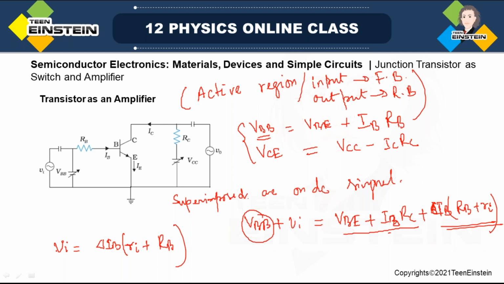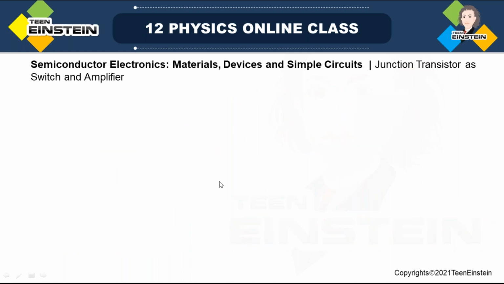Delta IB times (RB plus Ri). Ri is the input junction resistance, here it is Ri. RB is this one, the external circuit resistance. So what I can do is write a small r, so small r into delta IB. So what I get is the change in the input voltage due to the AC signal.